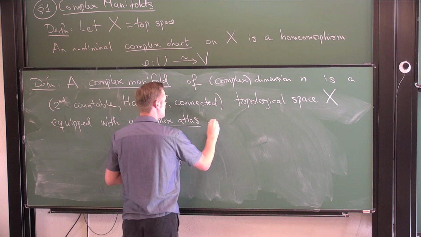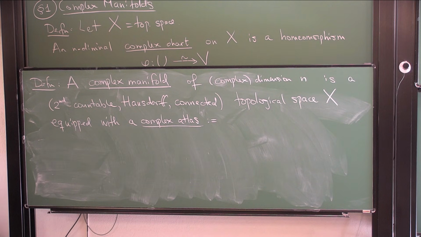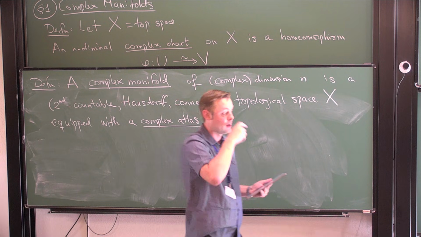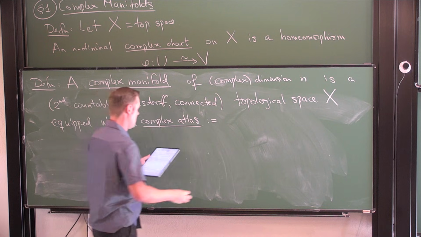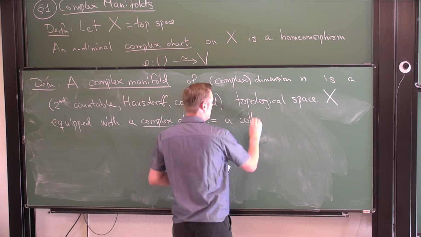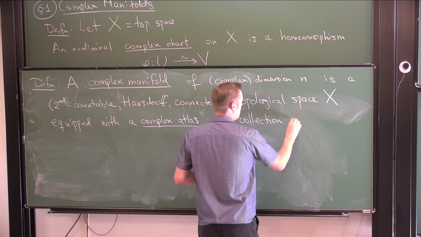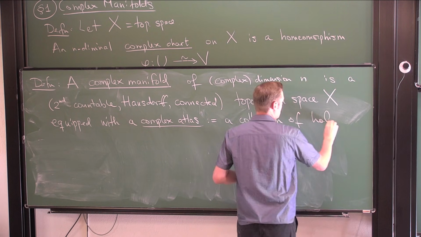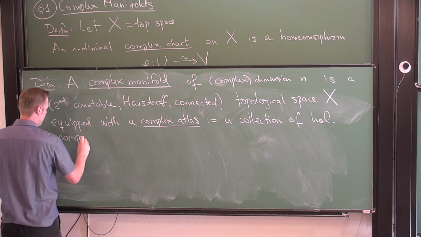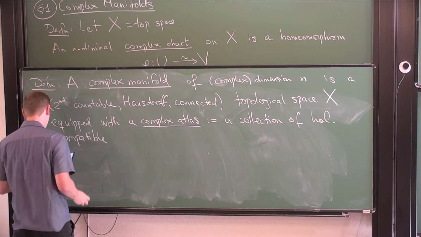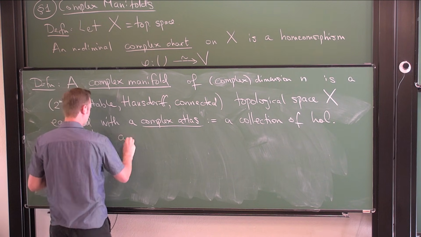What's a complex atlas? It's just a collection of complex charts which cover the entire topological space, which are holomorphically compatible amongst themselves. So it's a collection of holomorphically compatible complex charts.